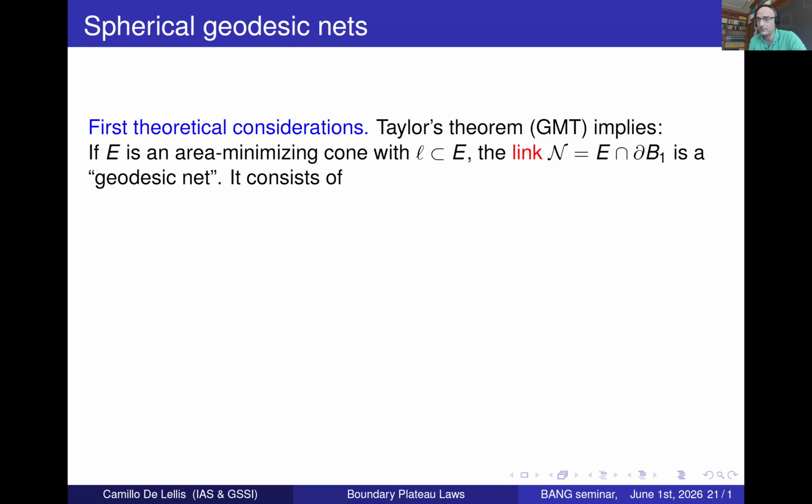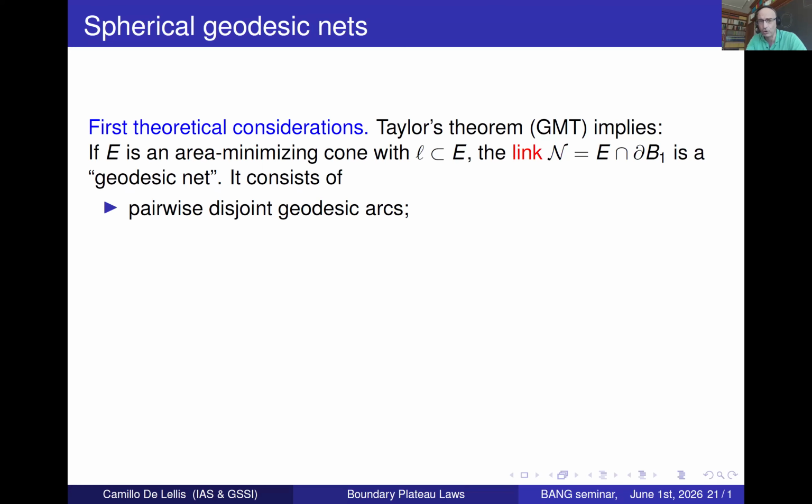You actually know that you cannot see the geometry of the tetrahedron outside of the boundary line, of course. On the boundary line, I just showed you that that might happen, but in fact, it can only happen at the origin. So this means that your link of the cone is actually a geodesic net of a particular kind. It is formed by geodesic arcs, which are connecting vertices.